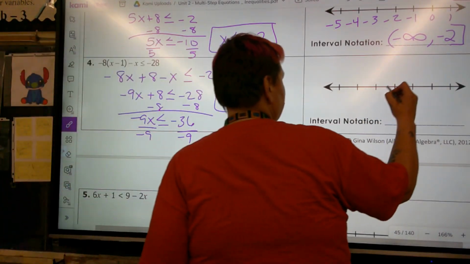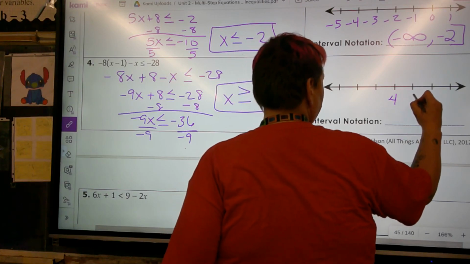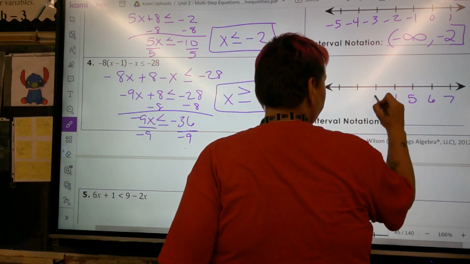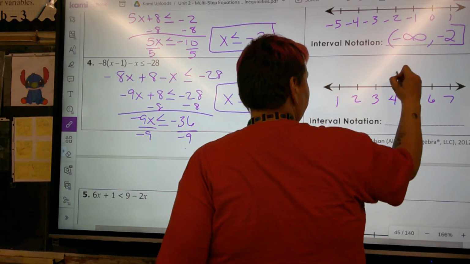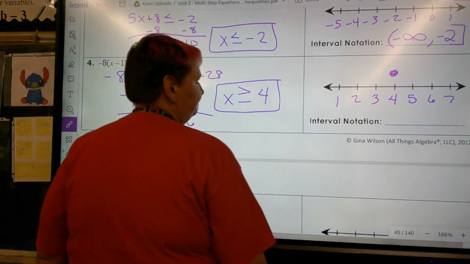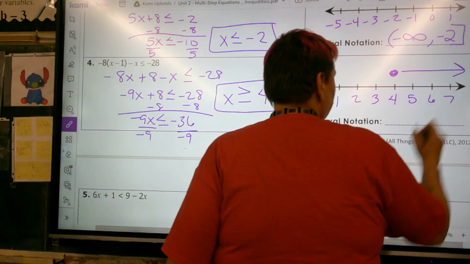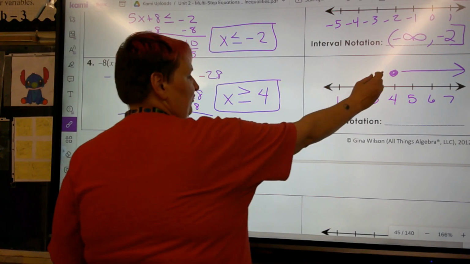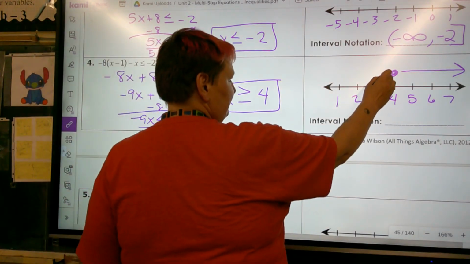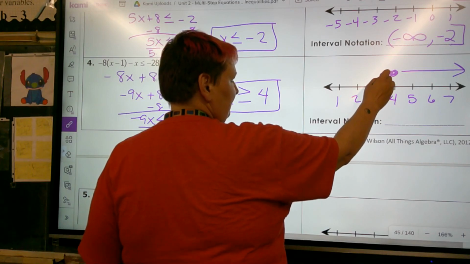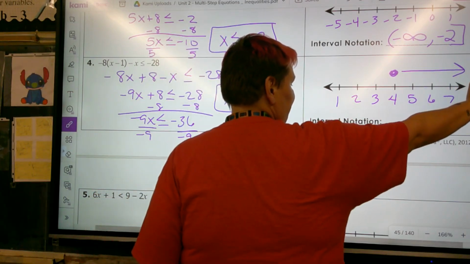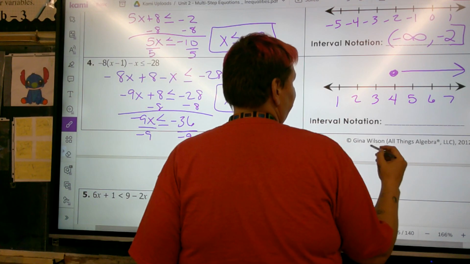Alright, so closed circle at 4. And the arrow's pointing to the right. We know there's going to be a bracket because of the closed circle. And we know there's going to be an infinity symbol on the right.